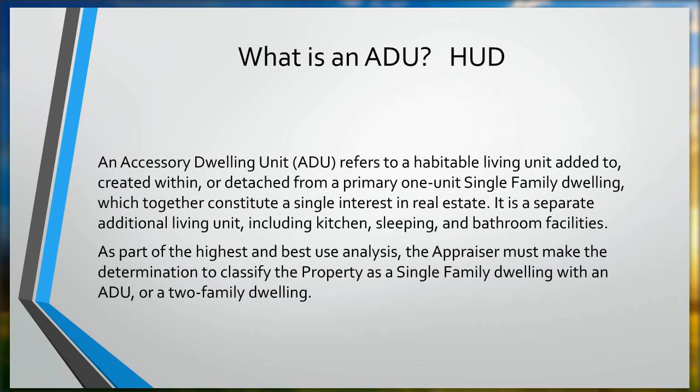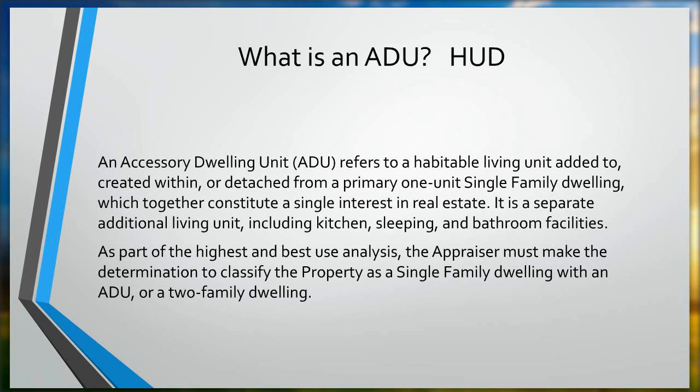HUD says an accessory dwelling unit refers to a habitable living unit added to, created within, or detached from a primary one-unit single-family dwelling. Together, these constitute a single interest in real estate, and it's a separate additional living unit, including a kitchen, sleeping, and bathroom facilities.